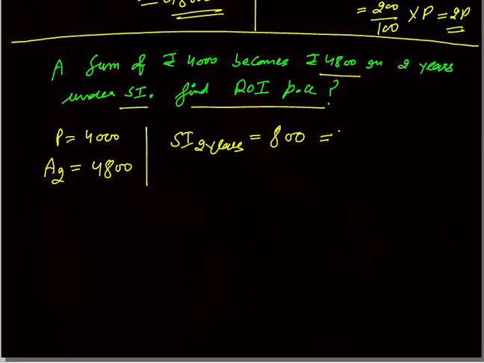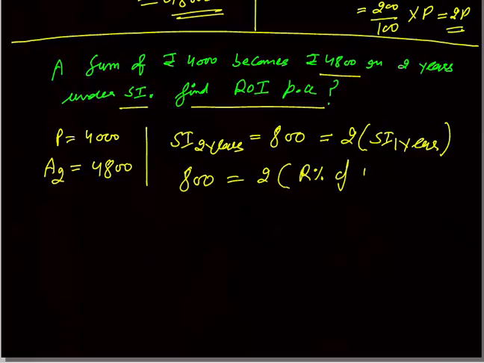Now we know that simple interest of 2 years is equal to twice the simple interest of 1 year, because simple interest is the same every year, that is R% of P. So can I say 800 is equal to twice of, let's say the rate of interest is R% of principal, that is 4,000. So divide this, it will become 400 is equal to R% of 4,000.